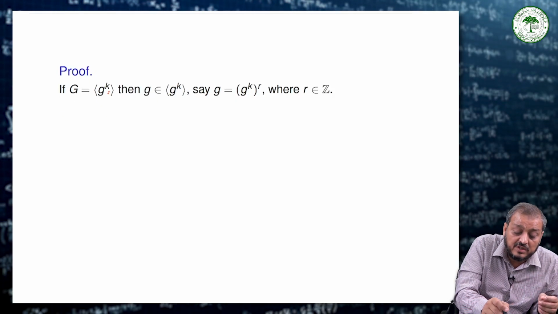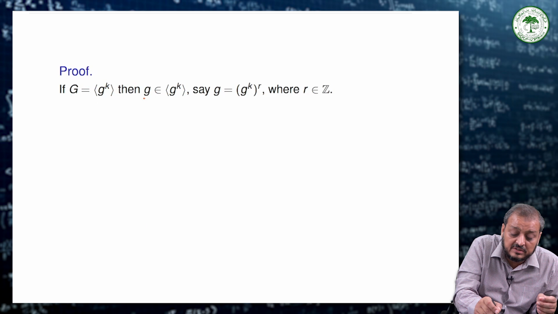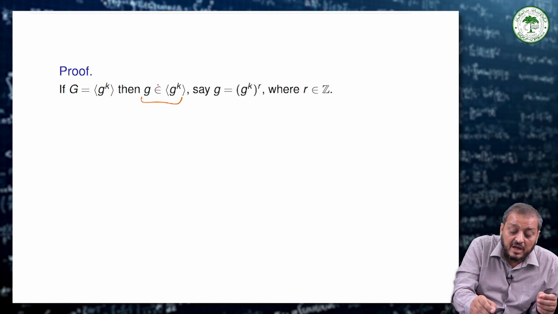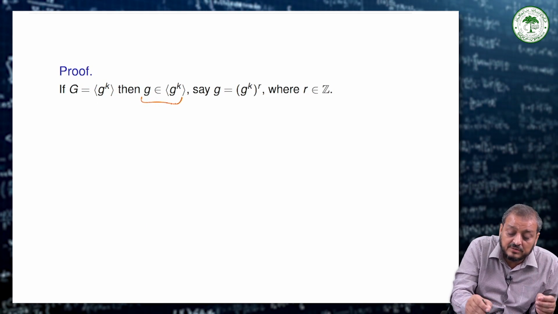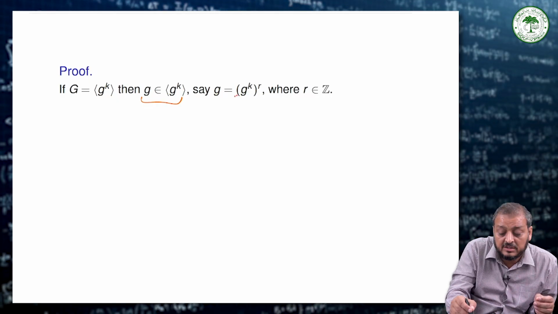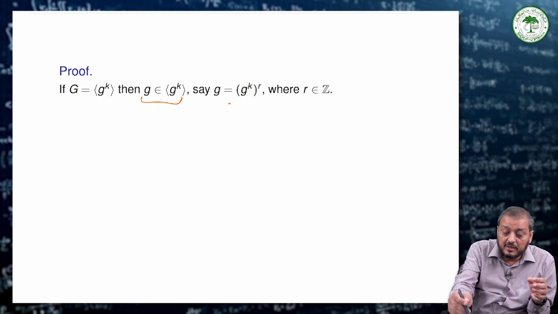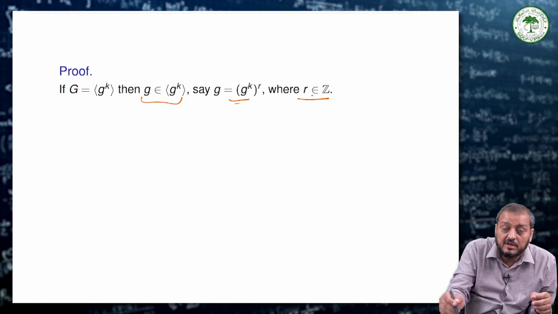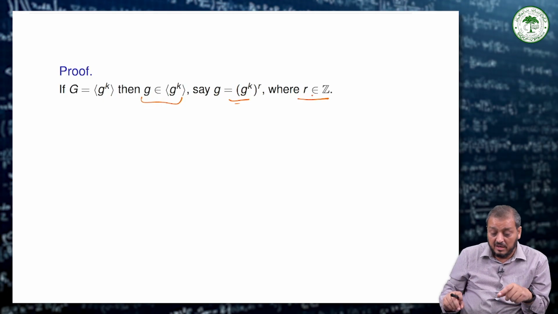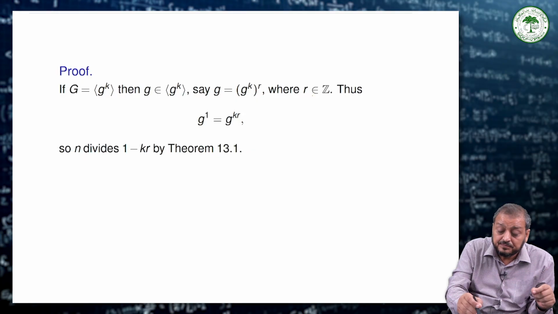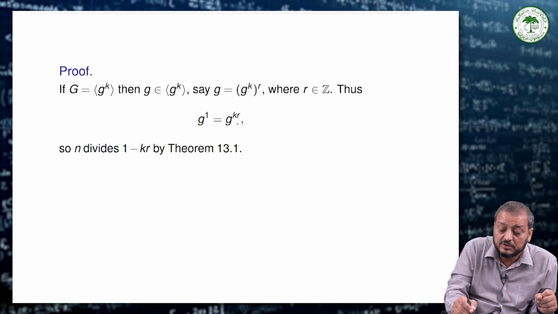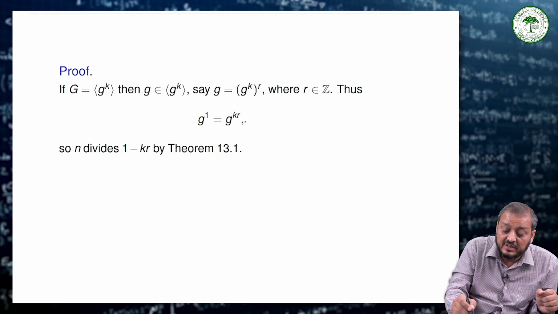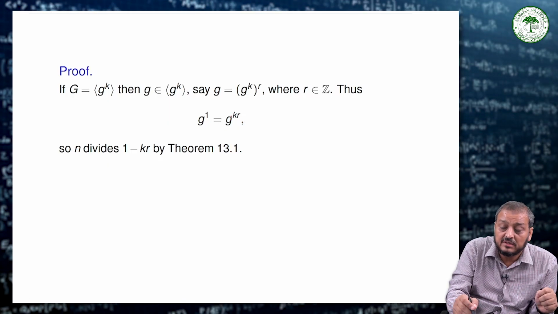k. If G is generated by g to the power k, then g is an element of this generator, and if g is an element of this generator, then g can be written as some power of g to the power k, that is g equals g to the power kr for some r in Z. Then g to the power 1 is equal to g to the power kr, so n should divide 1 minus kr.